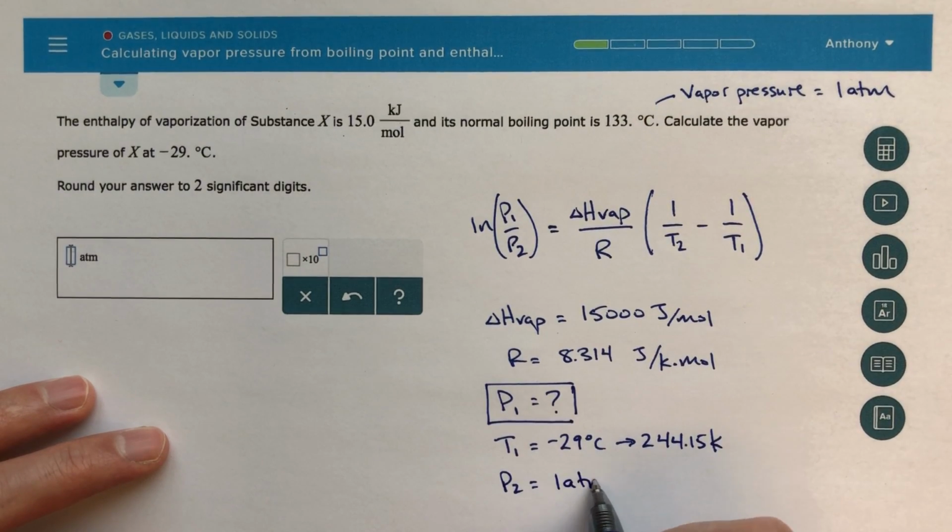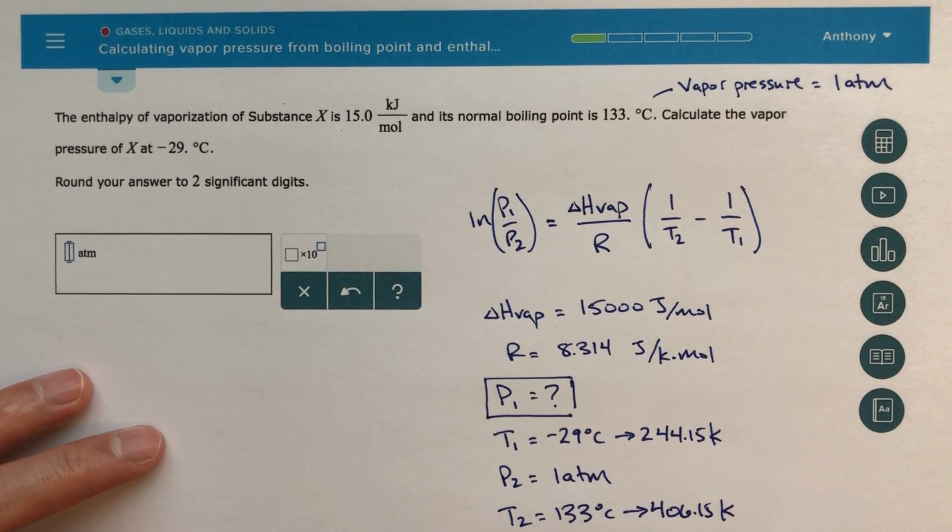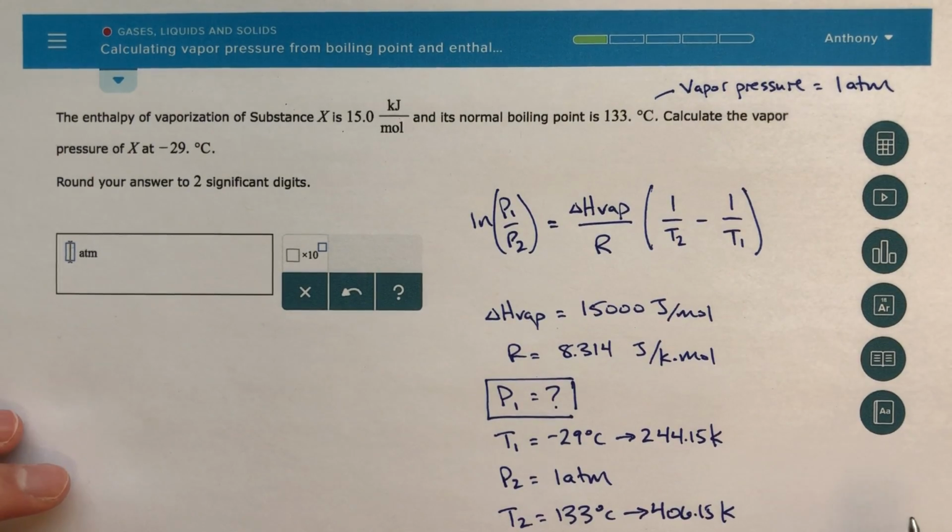That's the known information from the boiling point. And then our T2 is going to be our boiling point, 133 degrees Celsius, which is 406.15 Kelvin. So now it's basically just plug all this information in and figure out what the answer is.